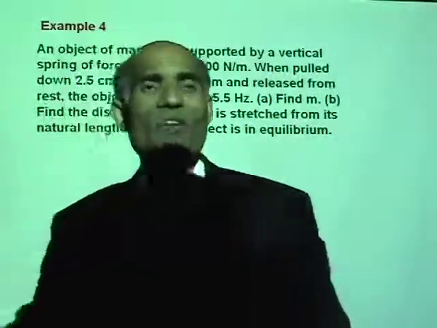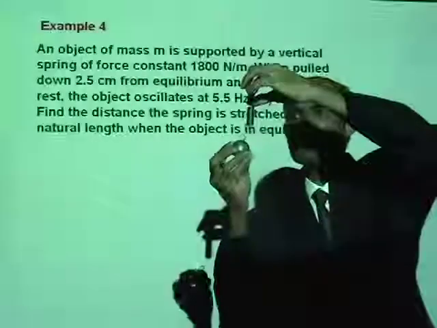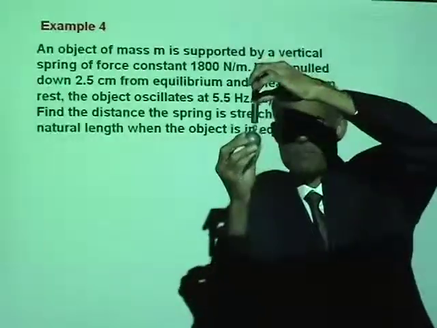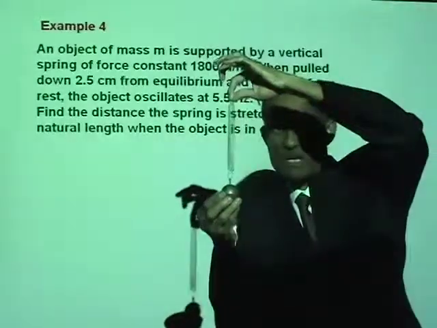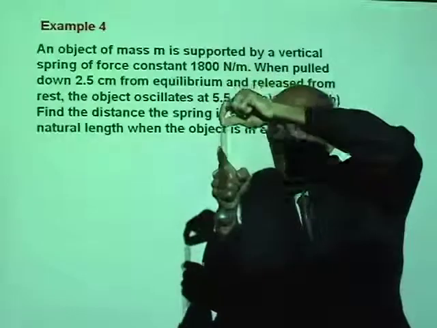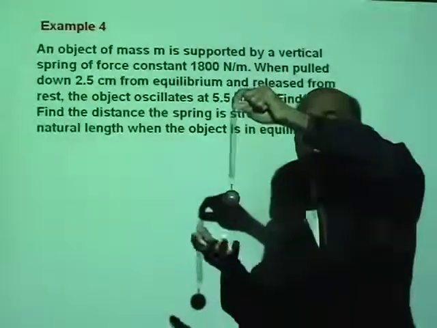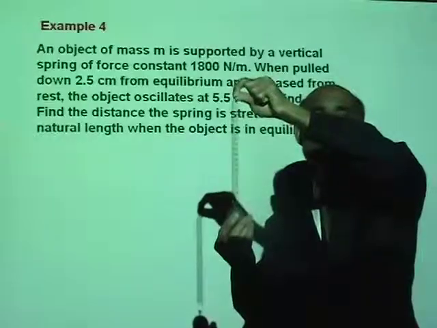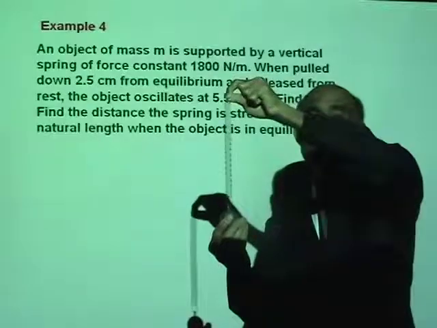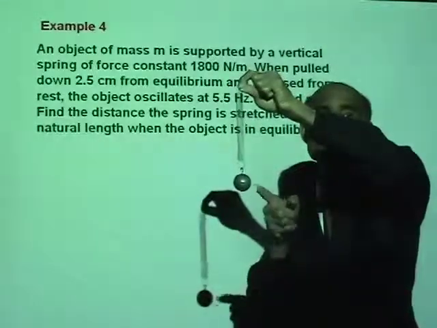Now what you have been told is an object of mass m is supported by a vertical spring of force constant. The k value of the spring is 1800 Newton per meter. And what is done? When pulled down 2.5 centimeter from the equilibrium position, right?